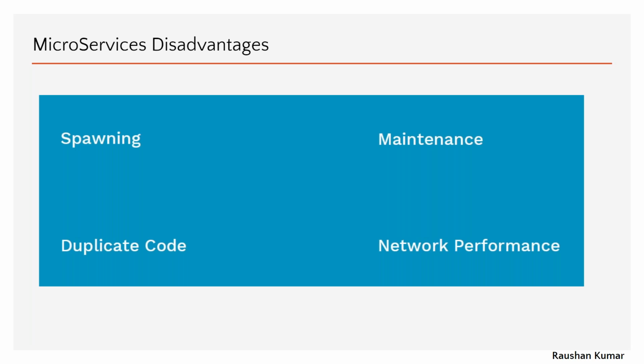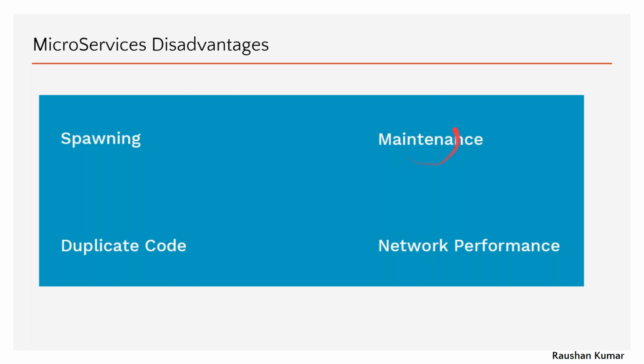It becomes difficult to manage if you have too many microservices. So the best thing is to have only a significant number of microservices that you can manage. You should not overdo that. The disadvantages are not that you cannot manage, but these are the disadvantages that you should take care of before you create your microservices.